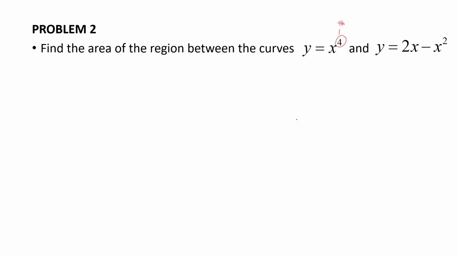But for x cubed, third degree, fourth degree, fifth degree, and so on, they are considered general curves, and they may vary from graph to graph depending on the degree of the exponent. But this one, the second one, is a parabola.